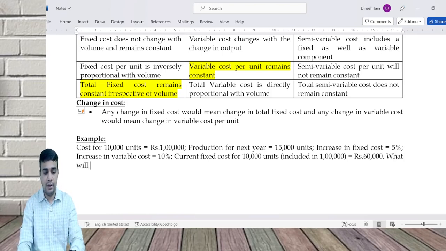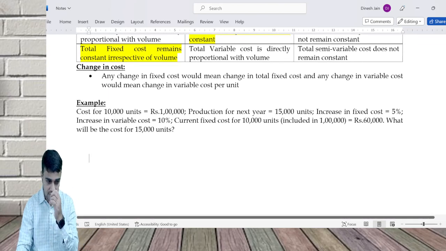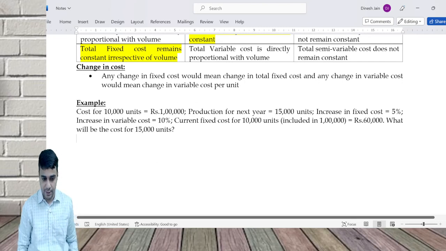What will be the cost for 15,000 units? Just go through this example, then I'll explain.